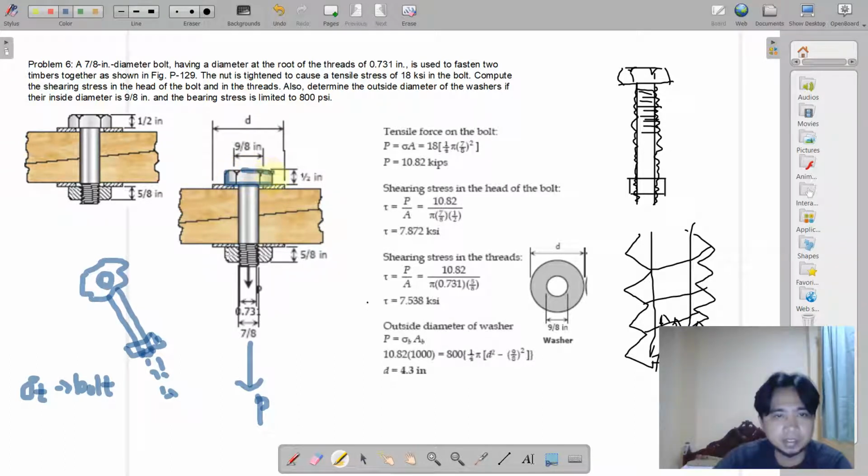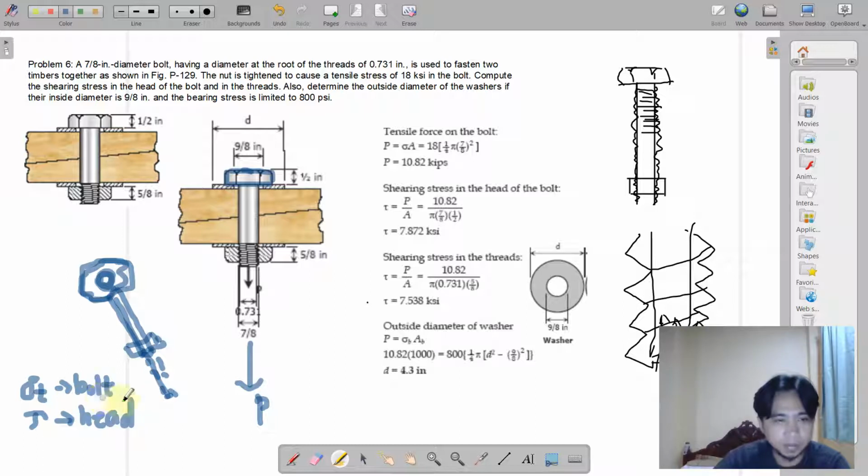So the tendency here is this is pulling this downwards, so therefore it will cut a hole here at the head of the bolt. If we pull this down, the trunk will stretch, and at the same time it will cut the head, causing a hole in the head of the bolt. So tau in the head of the bolt. Okay, so this is another stress.